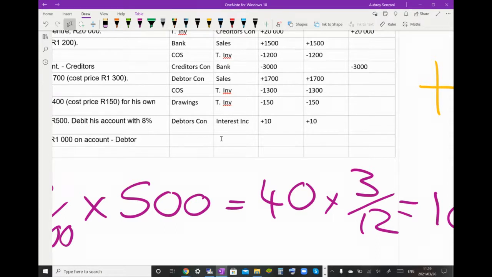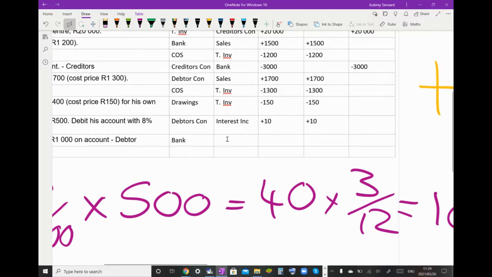So what are we debiting? What are we crediting? We debit bank because we are receiving money. Our bank is going up. This asset is going up. And then we credit what?